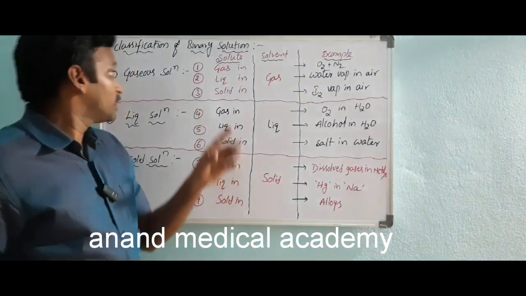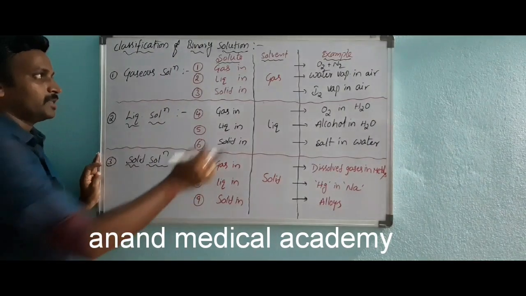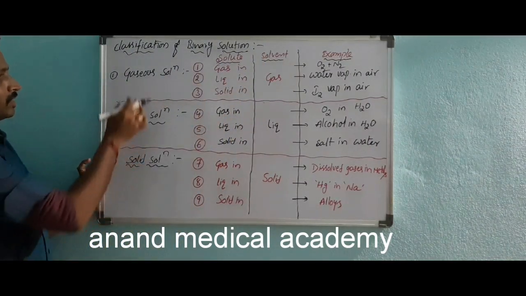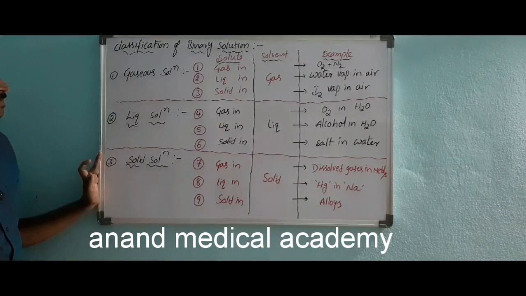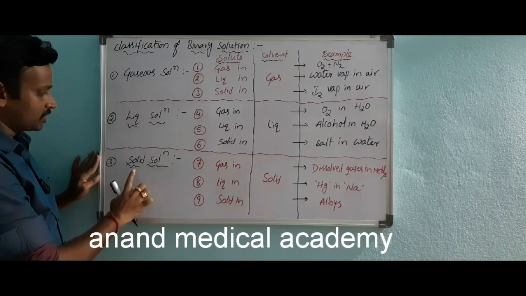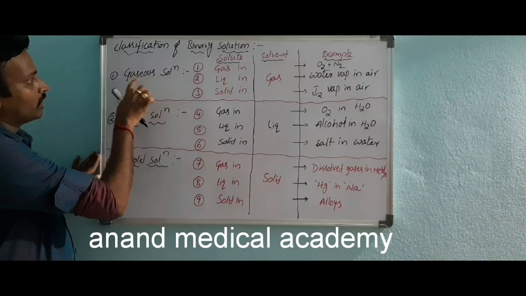Now let's see the classification of binary solutions based on solvent as well as solute. There are actually three types of binary solutions: gaseous solutions, liquid solutions and solid solutions. In their names you have one piece of information.